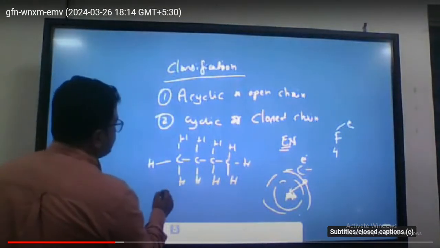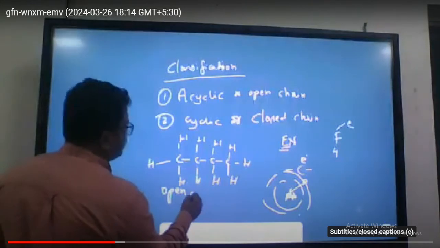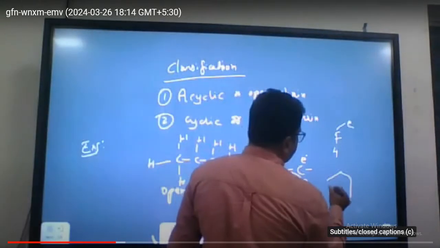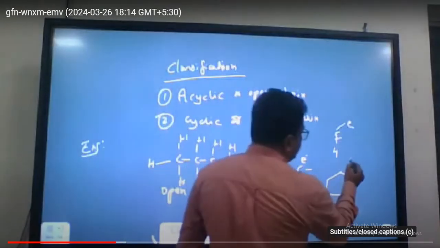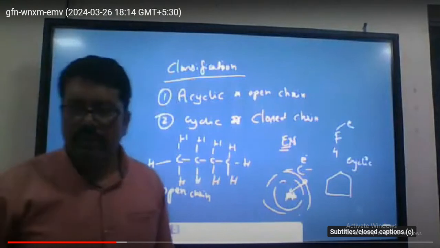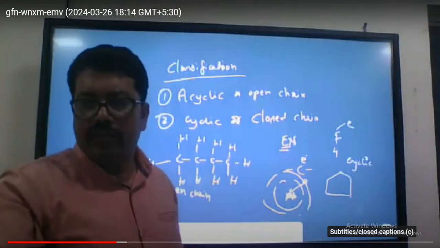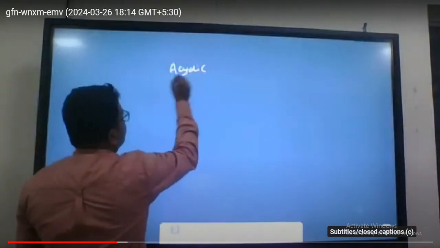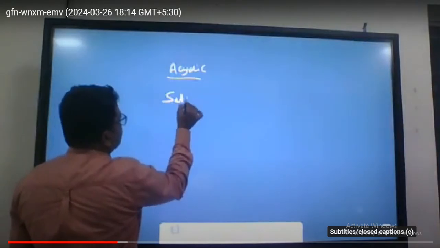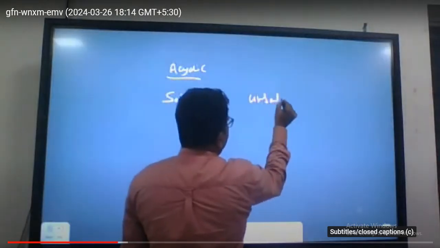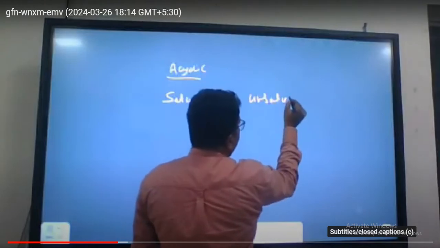So this is open chain, and this is cyclic. Acyclic is further divided into saturated and unsaturated.